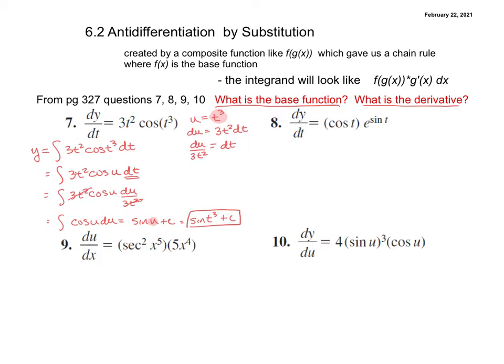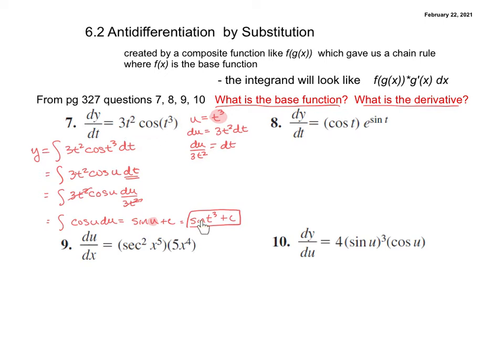Before I show you a quicker way of getting it done, let me first double check and make sure this is correct. If this is indeed the antiderivative of this differential equation, then if I take the derivative of it, I should end up with what I started with, 3t squared cosine of t cubed.